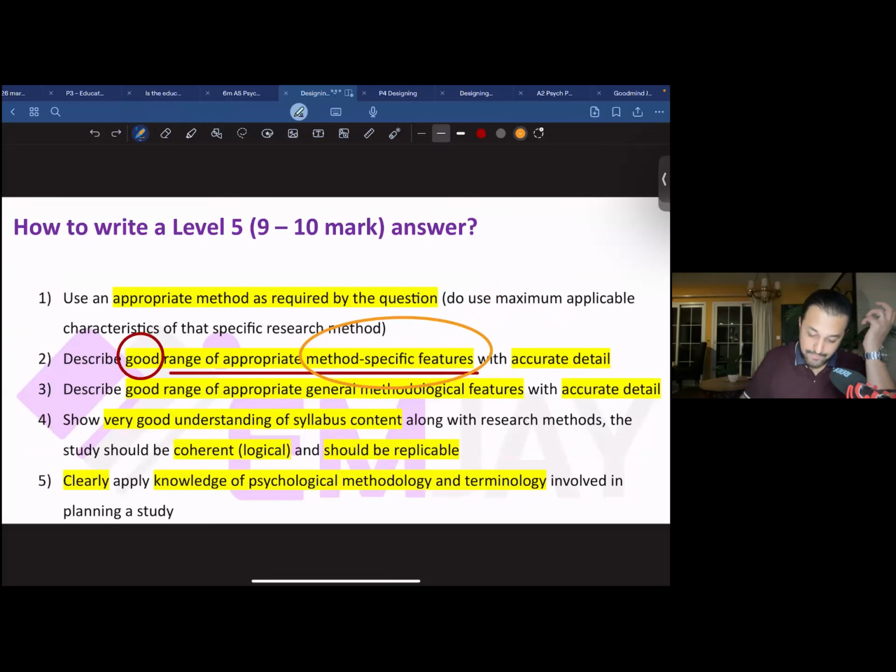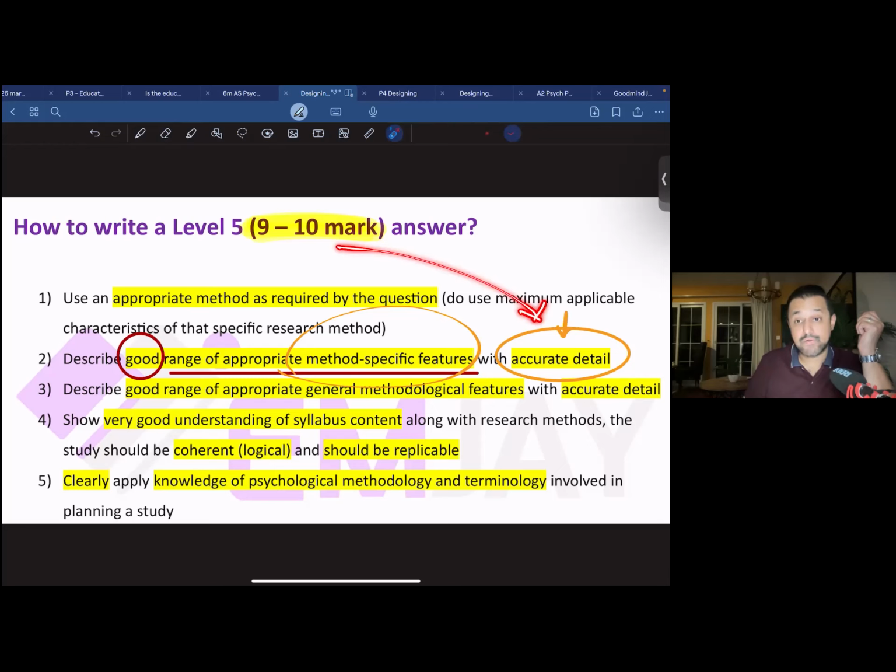Okay, now describe good range of appropriate method specific features with accurate details, right? Accuracy, to be able to score a 9 on 10. Accuracy is a must, right? The details you've provided are accurate.